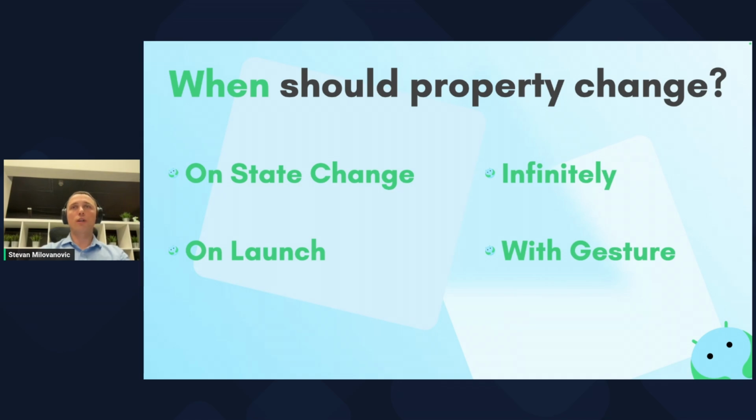Another option is you can also animate some component infinitely. And the last option is to animate it with some gesture. For example, today we will show how to animate some view with the dragging gesture. Again, let's dive into each of these to figure out what the possibilities are.